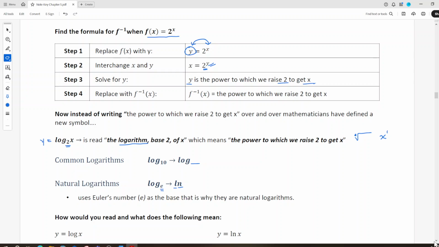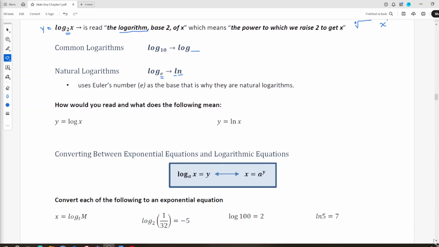So the first thing we're going to do is just practice reading and understanding what a logarithm means. So how would you read this one? Okay, y equals log x. Well, you could read it as y is log of x, right? Or you could say y is log base 10, which is hidden, of x.